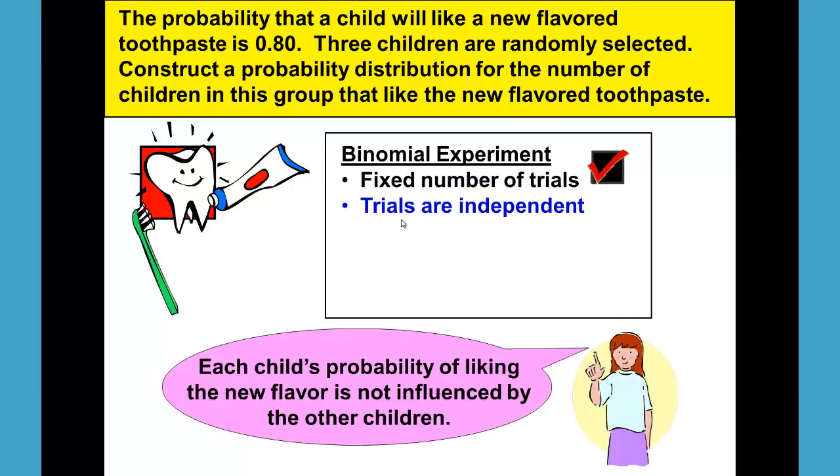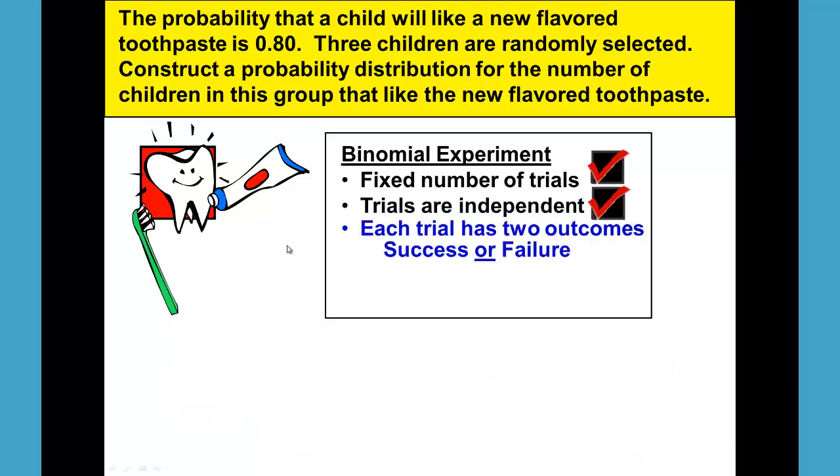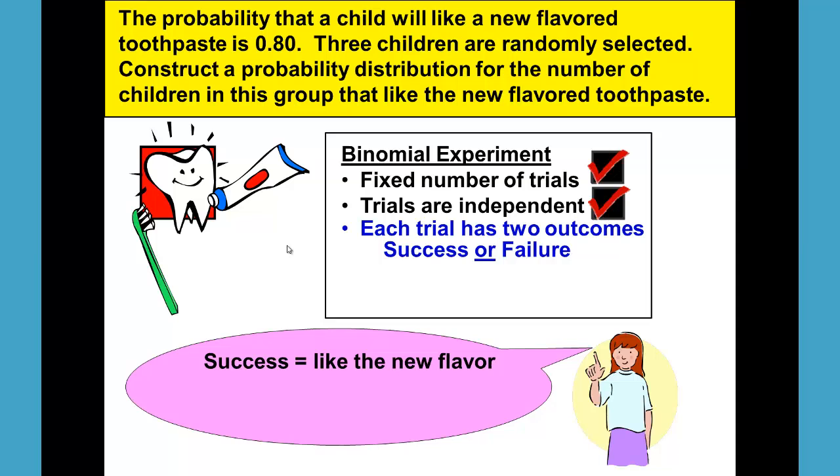Trials are independent. Each child's probability of liking the new flavor is not influenced by the other children. Trials are independent. Check. Each trial has 2 outcomes, a success or a failure. Success will be that the child likes the new flavored toothpaste, and a failure will be does not like the new flavor.